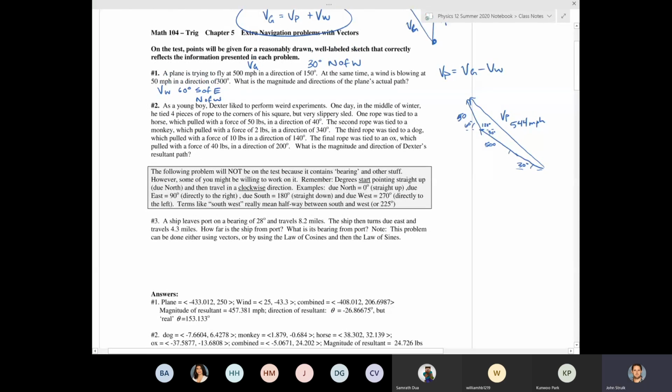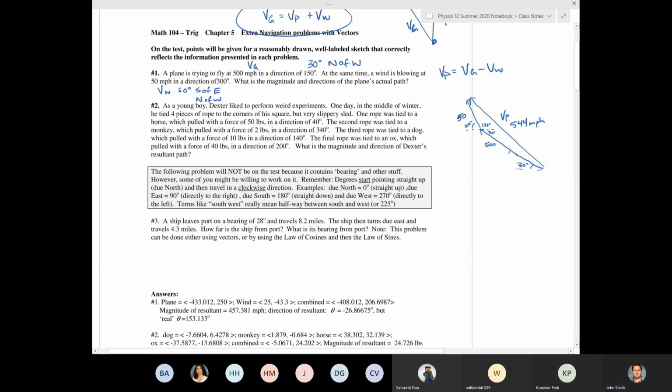Okay, but that still doesn't make sense. 500 cos 30 is 433.25. The answer key is not right because they're adding.